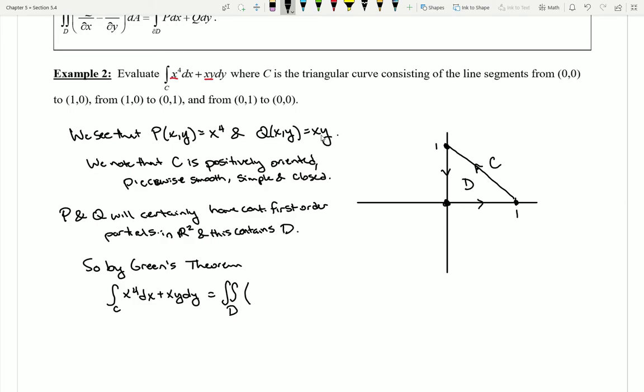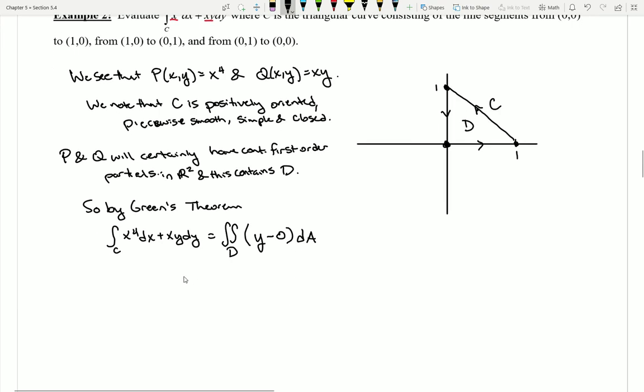So let's see, if I take the derivative of this with respect to x, notice I get y. And then I have to do minus the partial of P with respect to y, which is 0. So if I can evaluate this double integral, which actually looks fairly simple to do, then I'm good to go.